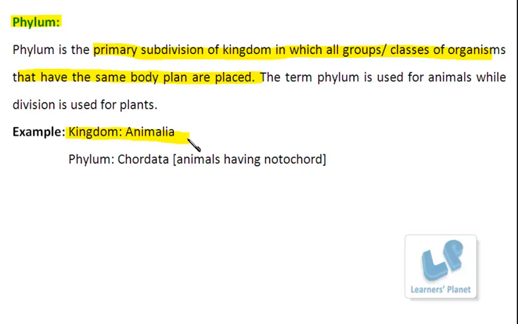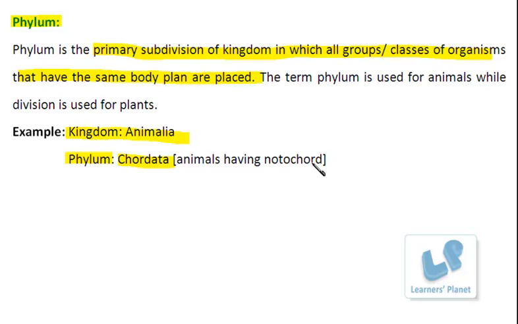Now, as I already explained, animals can be of different types. So, depending upon its most prominent feature, this Animalia is divided into two groups. And what are those groups? One of them is Chordata and the other one is non-Chordata. So this kingdom Animalia is divided into two phyla, Chordata and non-Chordata. Chordata is the one which has the notochord.